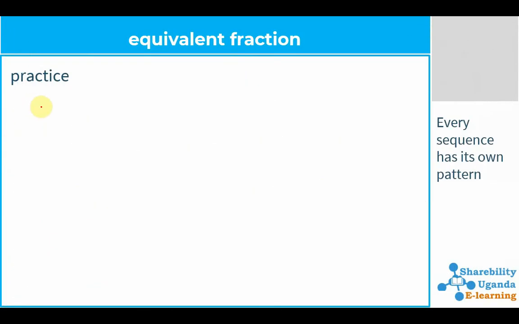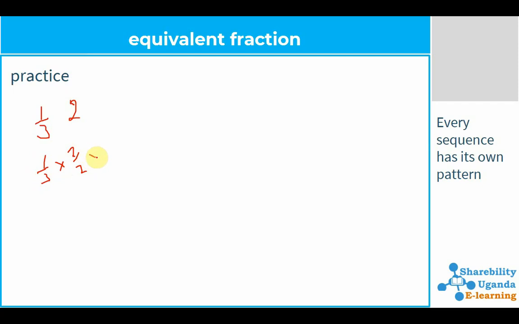We have 1 out of 3. We are going to get our equivalent fraction, which is the same as this. Let's take 2 to be the number that we are using. So when we say 1 out of 3 times 2, we multiply both the numerator and the denominator.